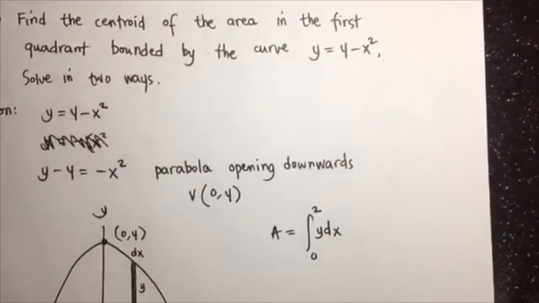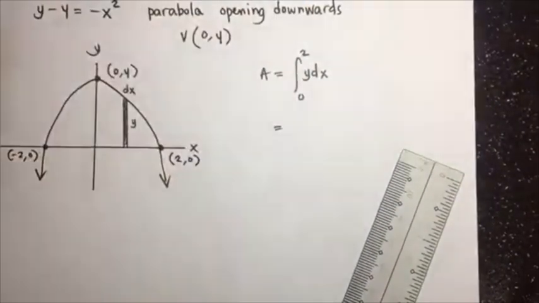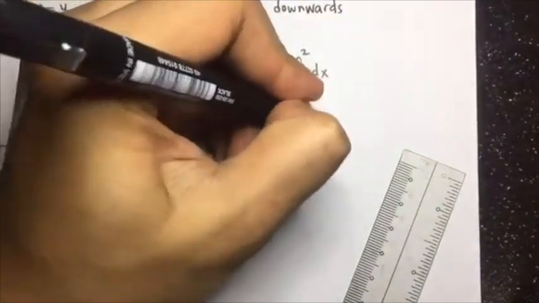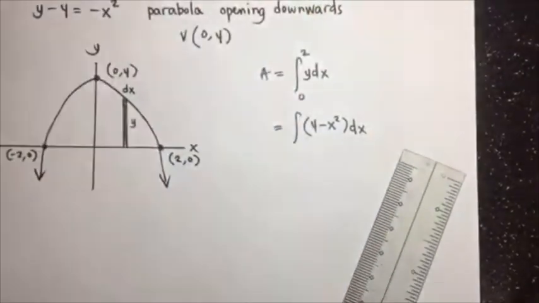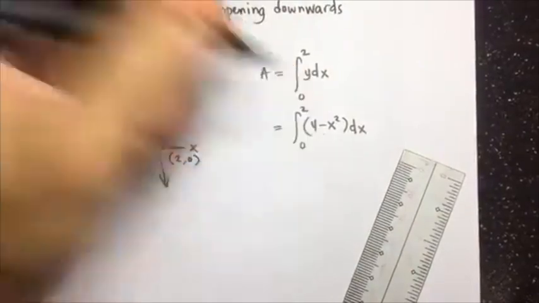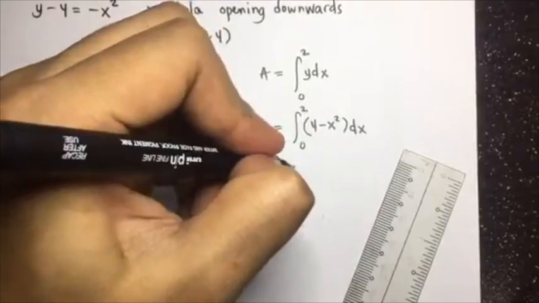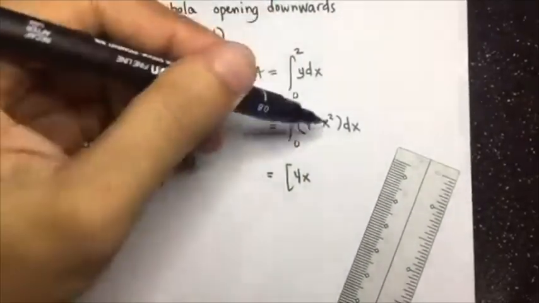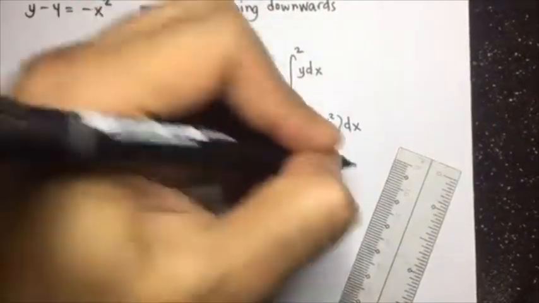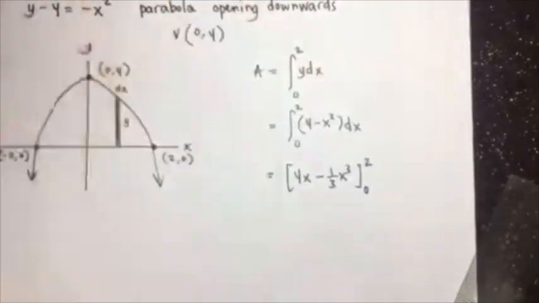Since y is equal to 4 minus x squared, then our area is equal to the integral of 4 minus x squared dx from 0 to 2. Integrating, the integral of 4 dx is 4x, and the integral of x squared is 1/3 x cubed, from 0 to 2.